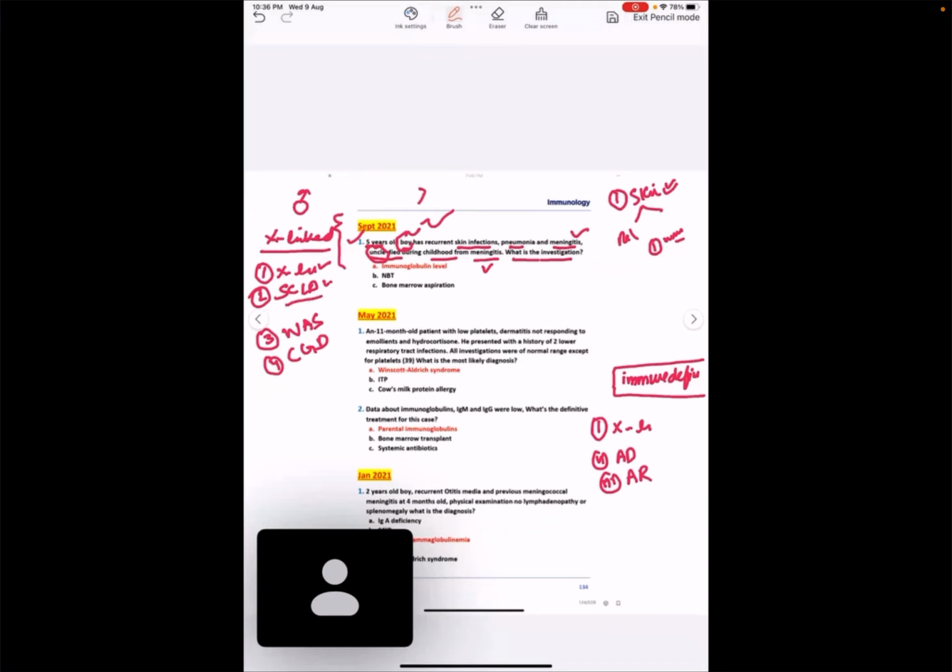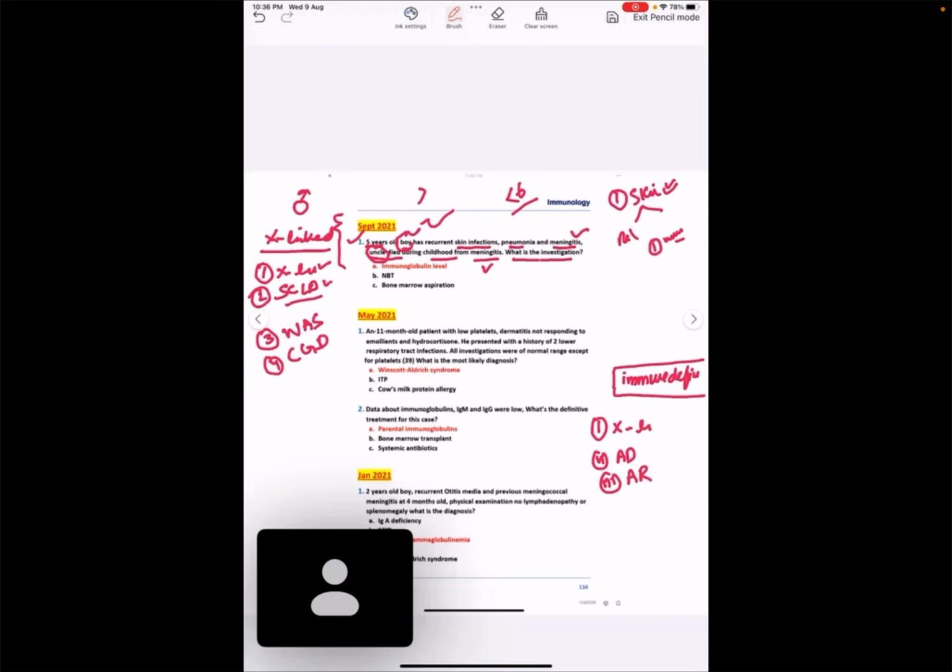SCID, that is also X-linked recessive, will present in the male but it will present at less than 3 months or 6 months. So the baby who is less than 6 months presents with recurrent signs and symptoms of infection. Plus, the clue is that this disease is X-linked recessive. You will think of SCID first.